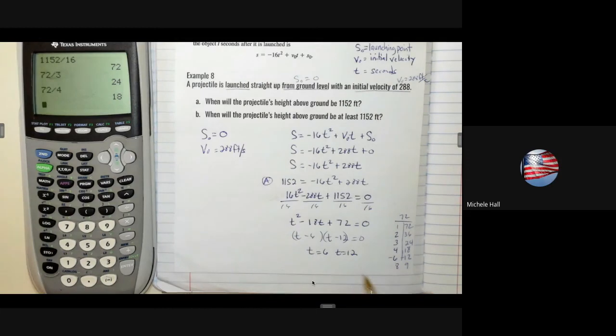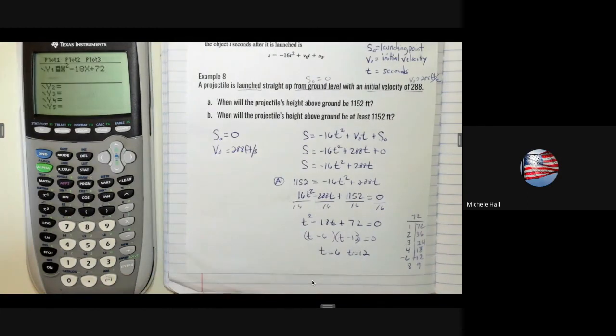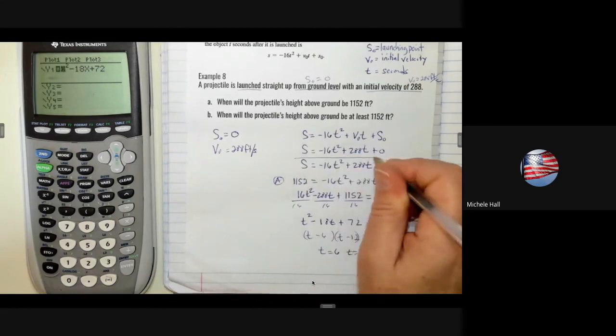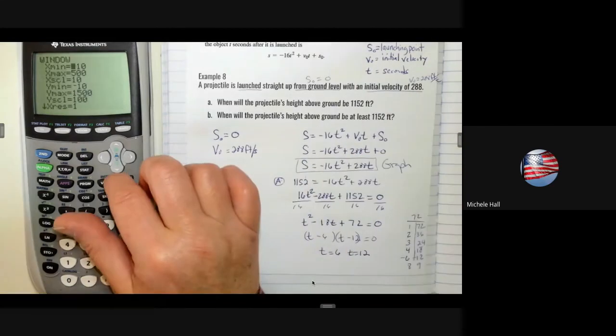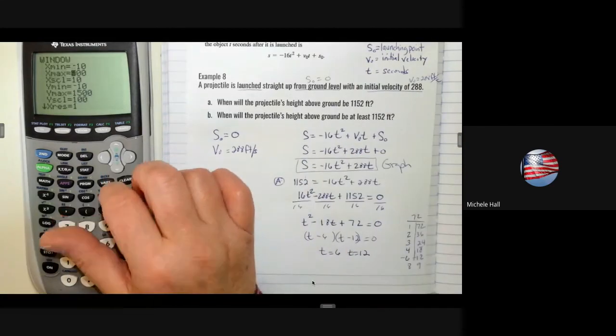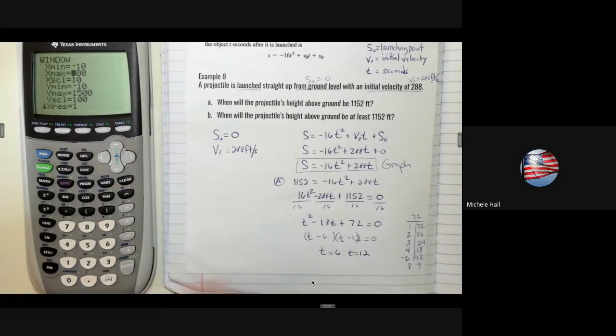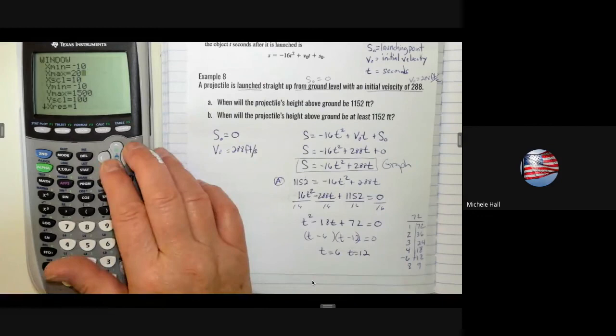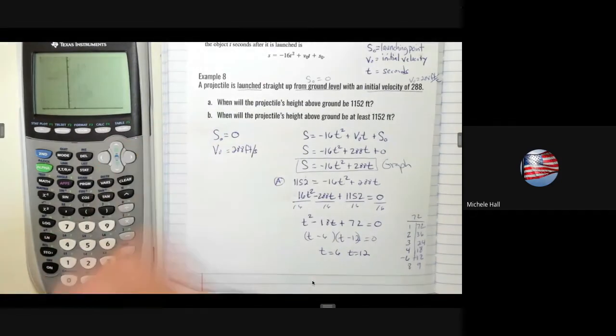All right, let's take a look at this. The original is right here. I need to graph this one. The x, we do not need to go up to 500. What are our x's? 12. Let's just go to 20 and go by 2's. There we go.